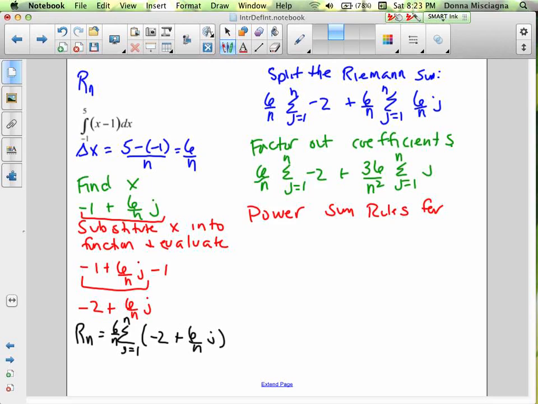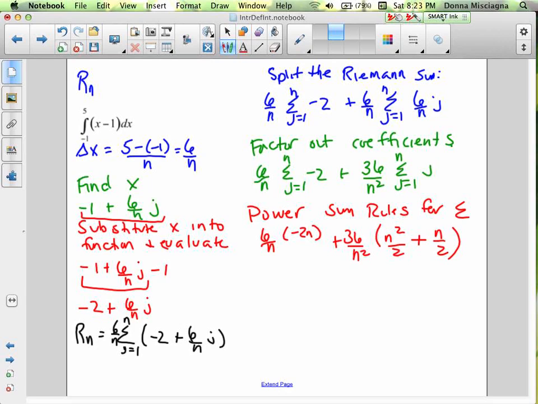All right, so this would be 6 over n times negative 2n, plus 36 over n squared times n squared over 2 plus n over 2.